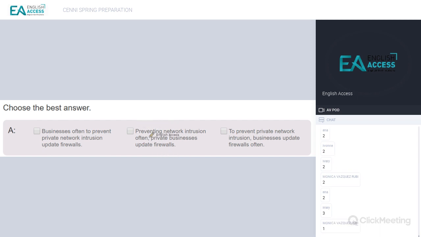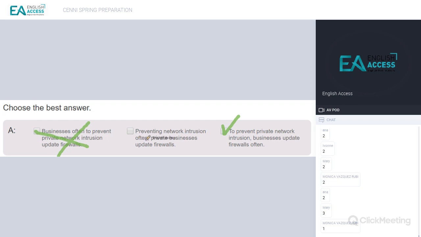Preventing network intrusion. Business often to prevent private networks. The correct answer, ladies, yes. Number three. Business often to prevent private network intrusion of this fails? No. This is not correct. Doesn't make any sense.